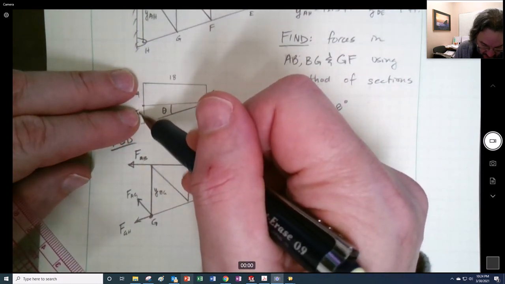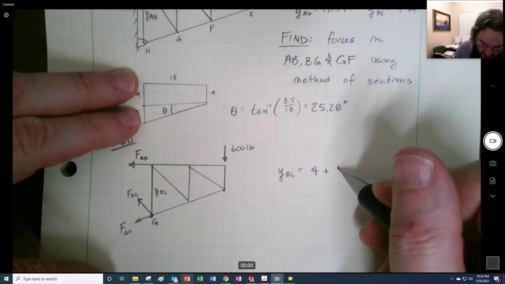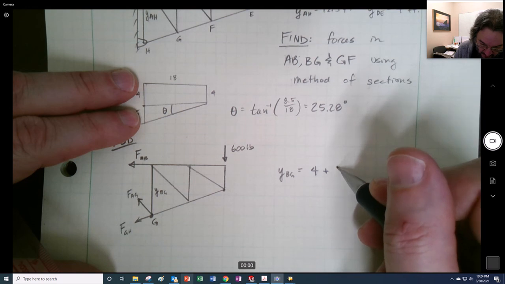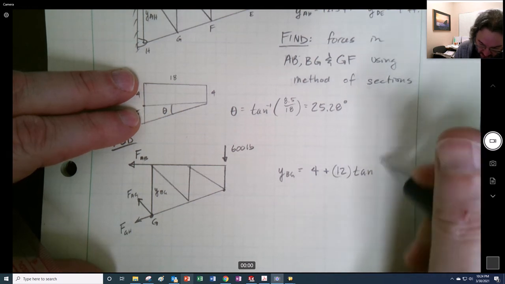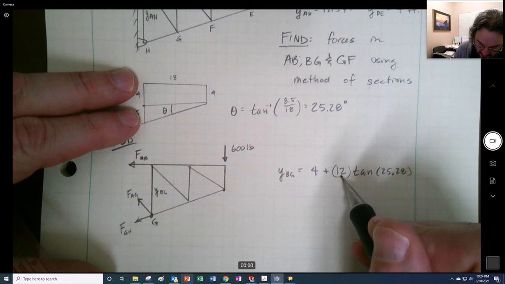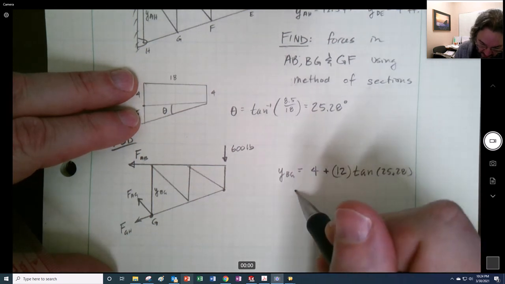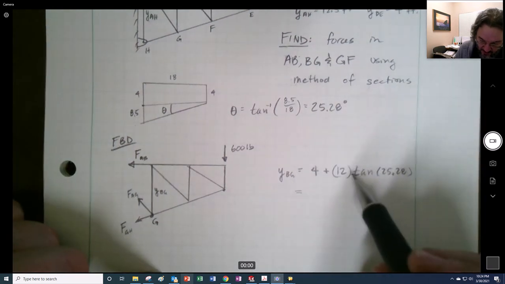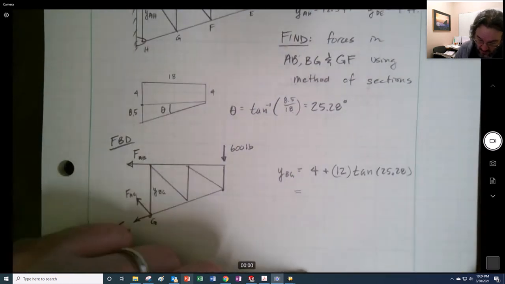So that's going to be the rise. So multiply it by the run. So it's going to be 12 times the tangent of 25.28, right? So this is the run, and so this is going to give me the rise, right? And so I easily just could have written 12 times this 8.5 over 18 right there, right? But I didn't.